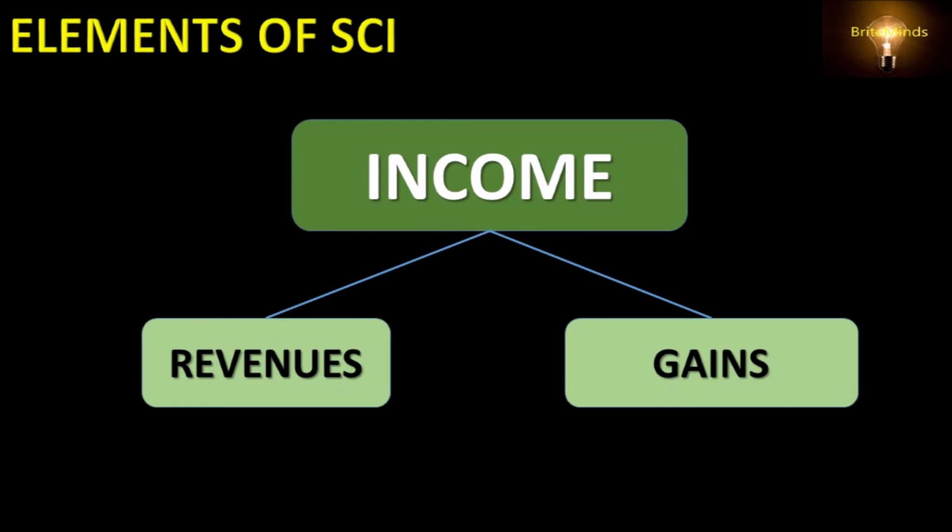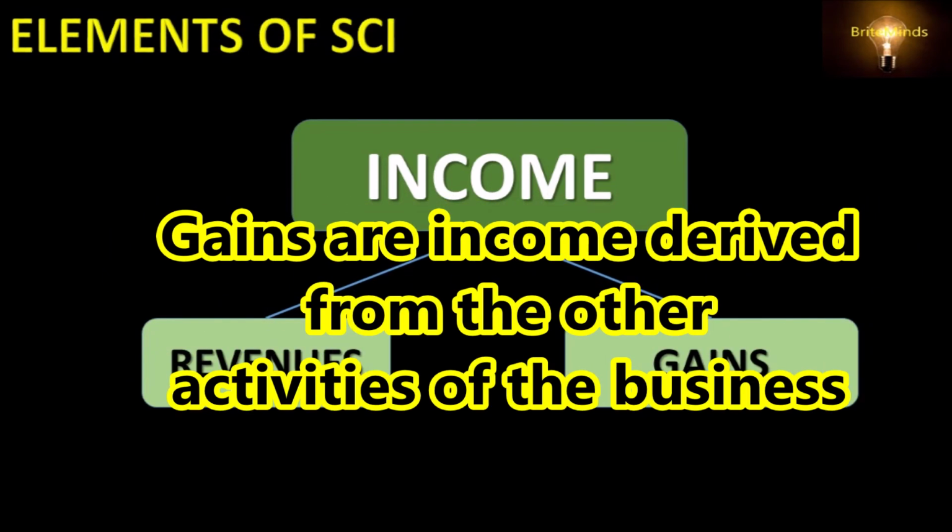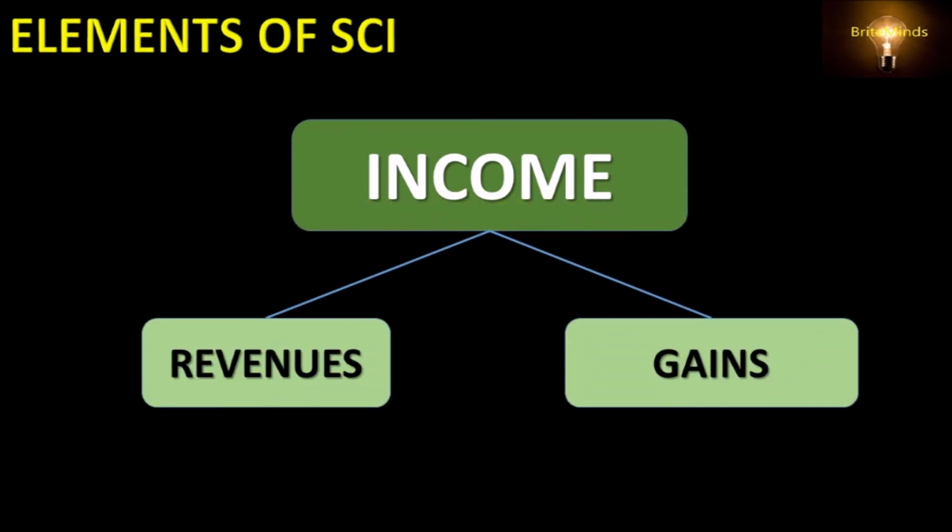Selling merchandise is the primary operation of the store, to sell its inventories. And then gains. What are gains? Gains are income derived from other activities of the business. An example of gains is interest income from a time deposit.